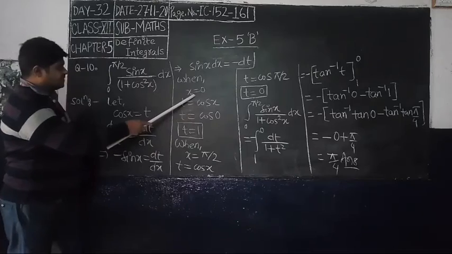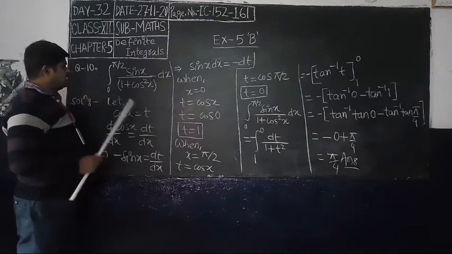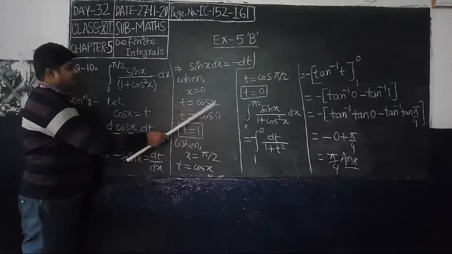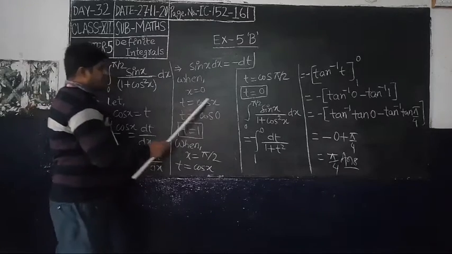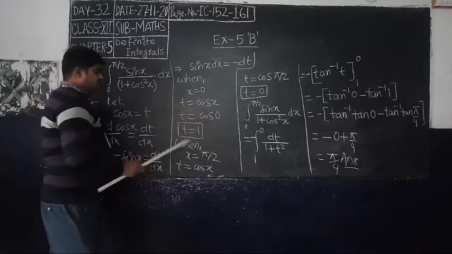When x is equal to 0, here t is equal to cos x, put the value of x is equal to 0, so t is equal to cos 0, and you know cos 0 is equal to 1, so t becomes 1.